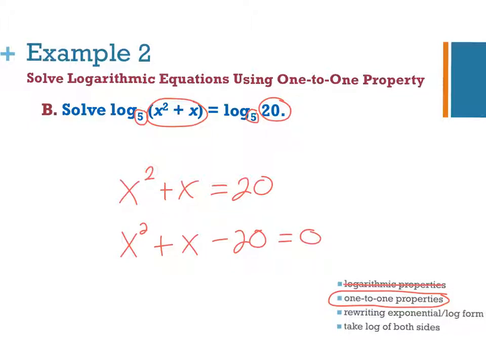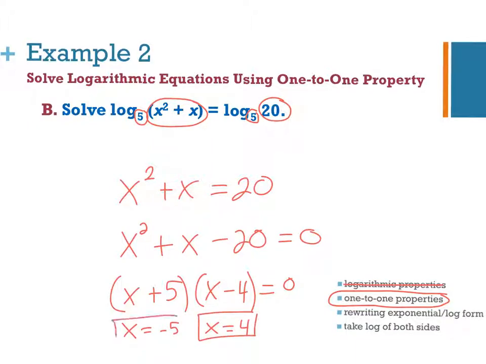I believe this is factorable. In fact, if I factor this trinomial, it becomes x plus 5 and x minus 4. So when I solve, my two answers are x equals -5 and x equals 4. If I check my answers, if I sub in 4, I get log base 5 of 4 squared plus 4 equals log base 5 of 20.